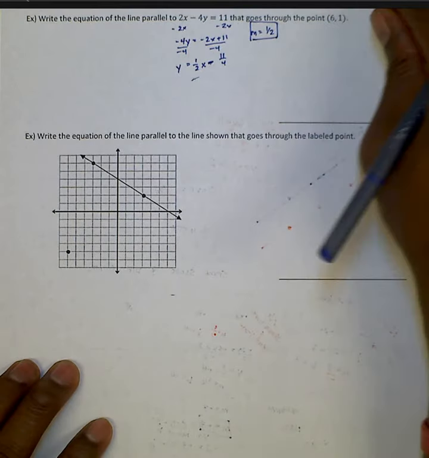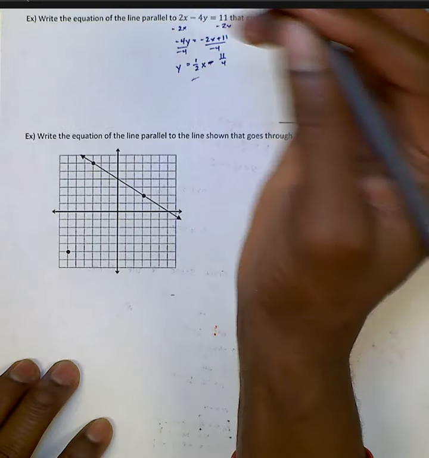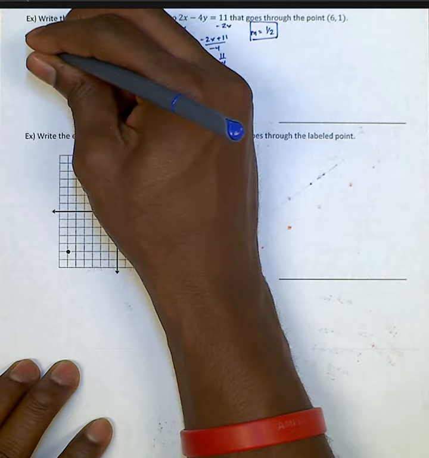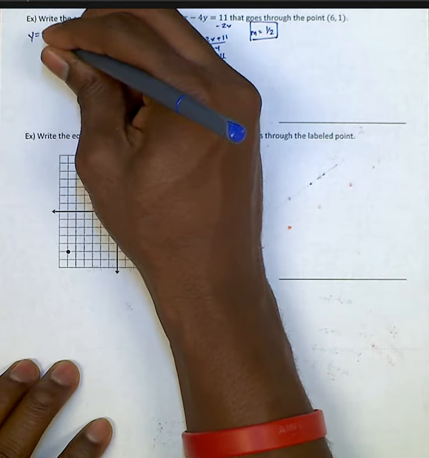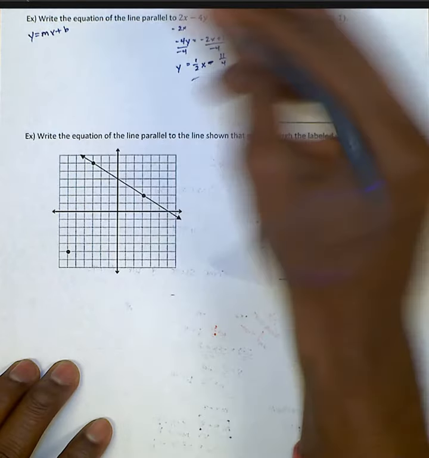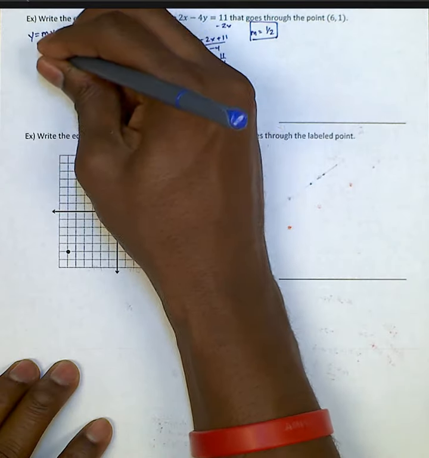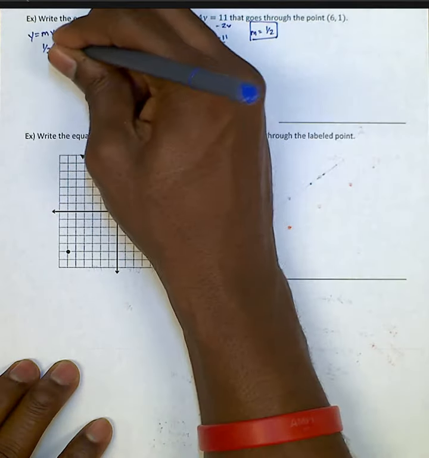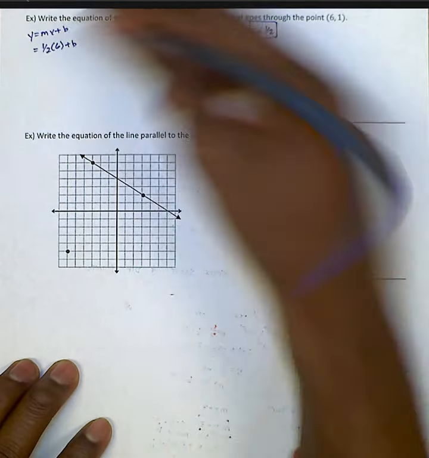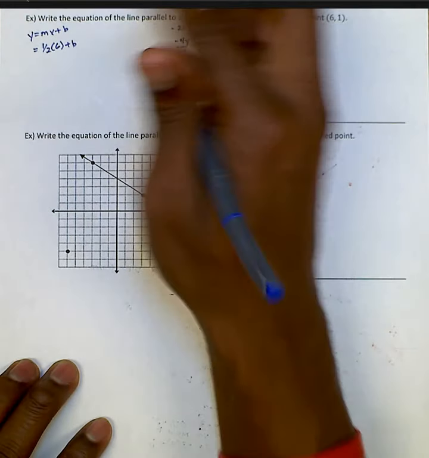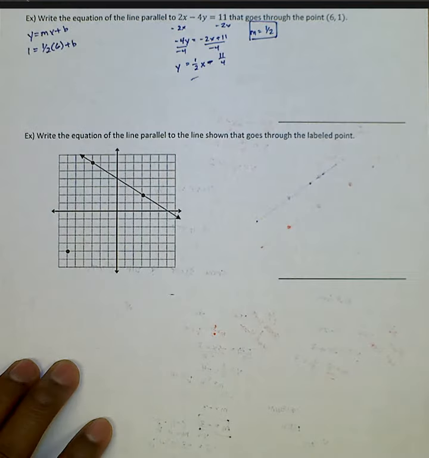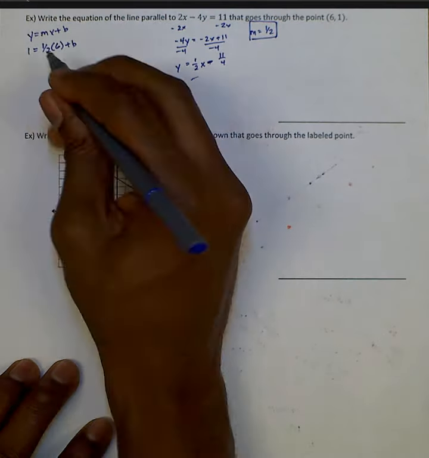I'm going to do my work over here, more space without running into where I'm going to write my answer. I'm going to have, again, y equals mx plus b. I'm going to plug in 1/2 for m. The x value is 6. The y value is 1. And so now I'm solving. 1/2 times 6 is 3.